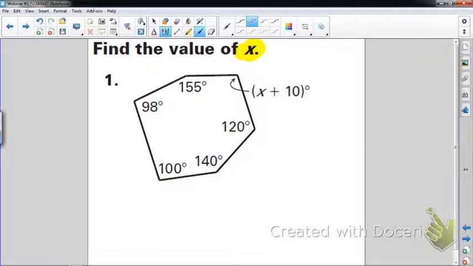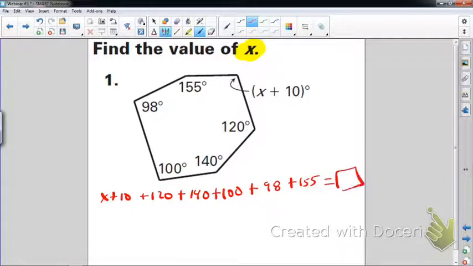Because even though we know what it says, x plus 10 plus 120 plus 140 plus 100 plus 98 plus 155 is going to be equal to what? We don't know what that is. So in order for us to figure out exactly what that is, and I'll put a question mark on it right there so that you can see, we have to know the total amount of the interior angles of a polygon.